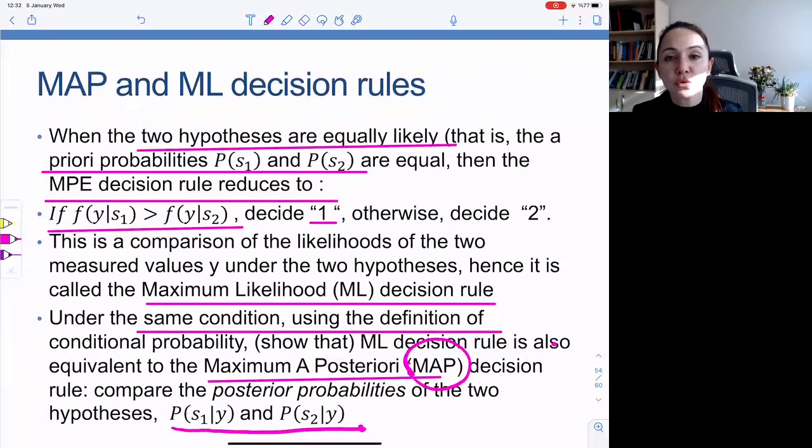The MAP decision rule is equivalent to the maximum likelihood decision rule and equal in turn to the minimum probability of error decision rule when the two hypotheses are equally likely in binary hypothesis testing. So next time, we will take it from here and compute actual error probabilities under AWGN assumptions. Are there any questions?